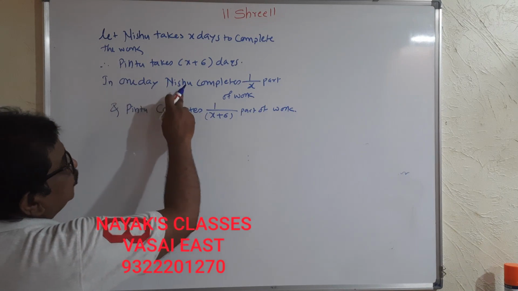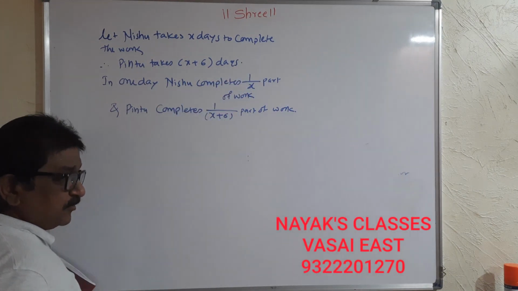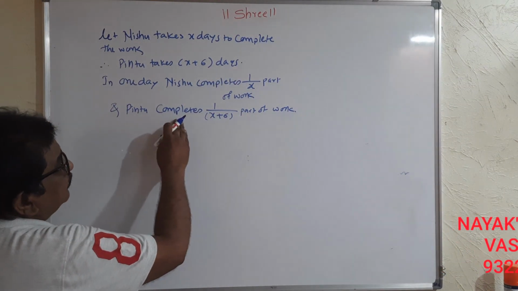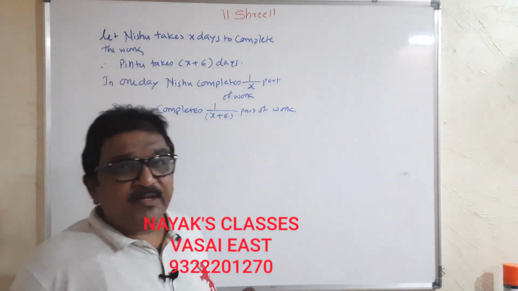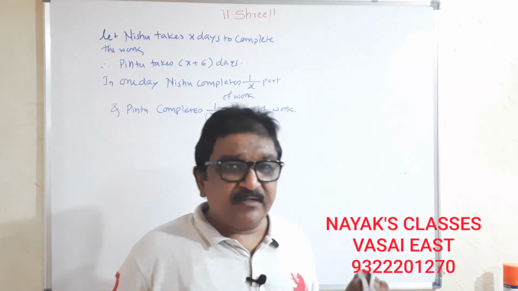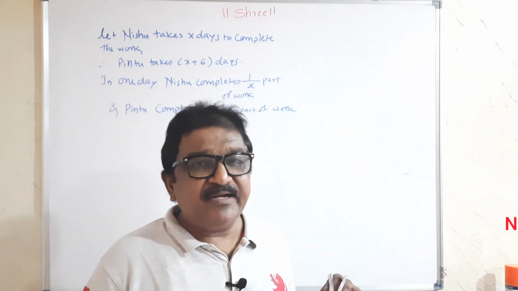In one day, Nishu completes 1 upon x part of the work and Pintu completes 1 upon x plus 6 part of the work. 1 means the full work. So in one day, work is divided by days.